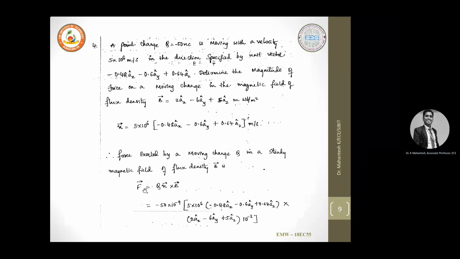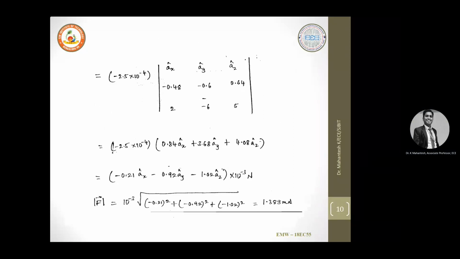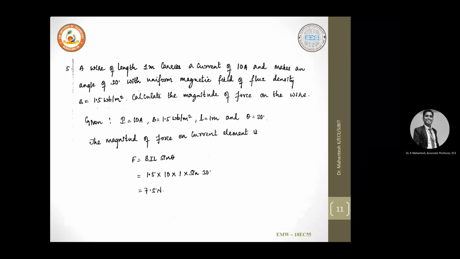Therefore, the force equation is equal to Q into V cross B. Again, it can be solved using determinant form, and the magnitude of the force is calculated, and the solution is 1.389 millinewtons.